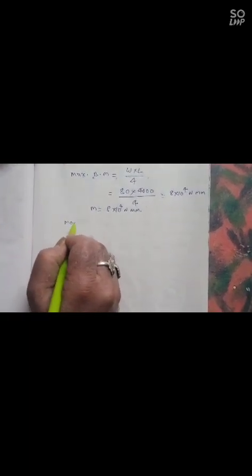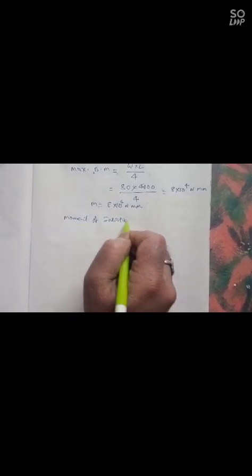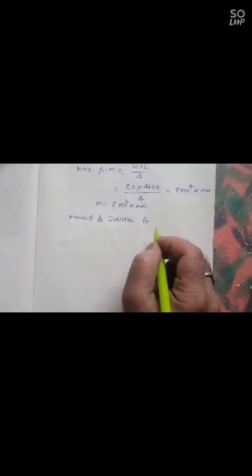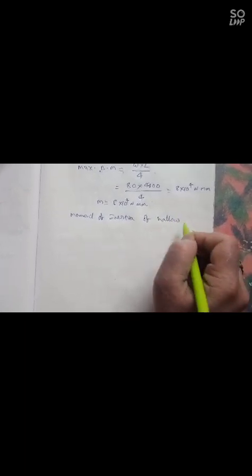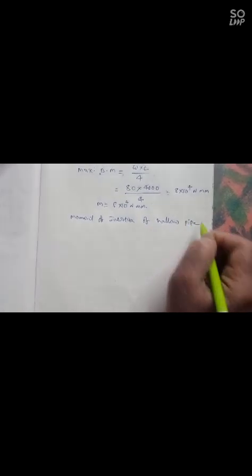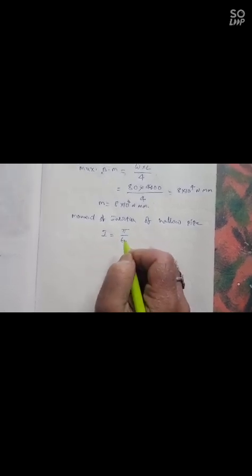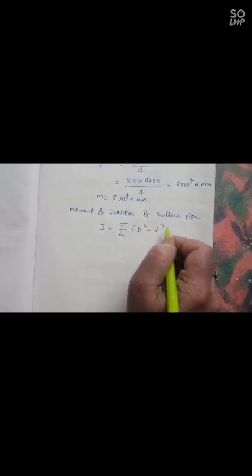For the pipe, the moment of inertia of a hollow pipe is I equal to pi by 64 into capital D to the power of 4 minus small d to the power of 4.